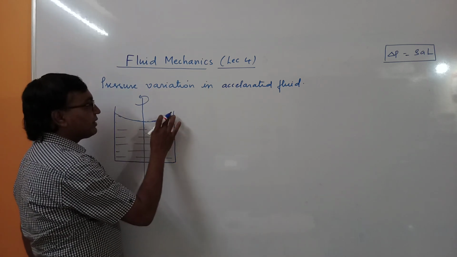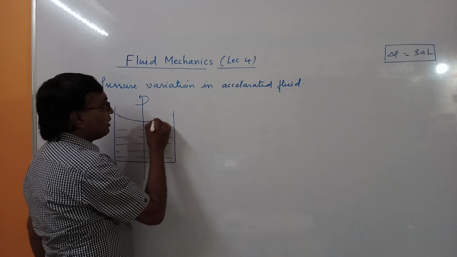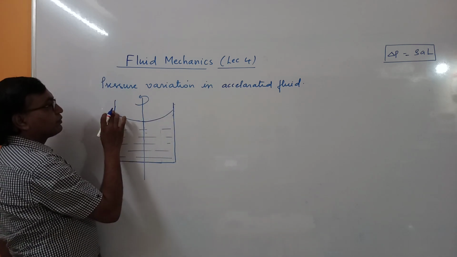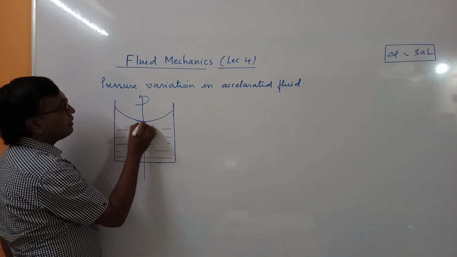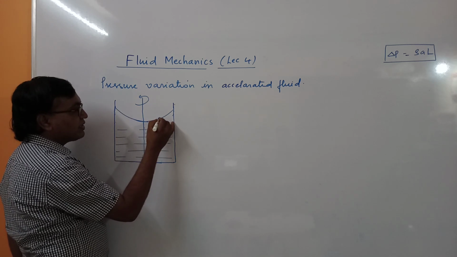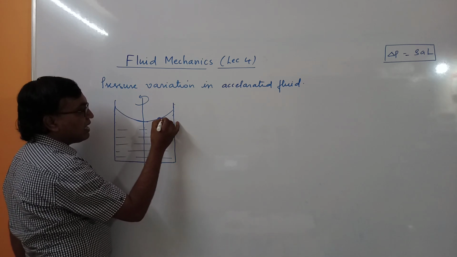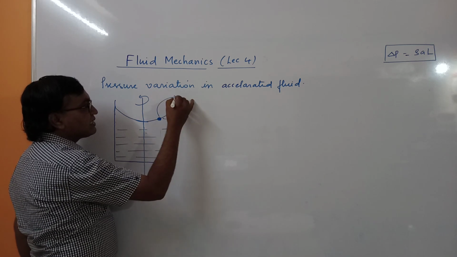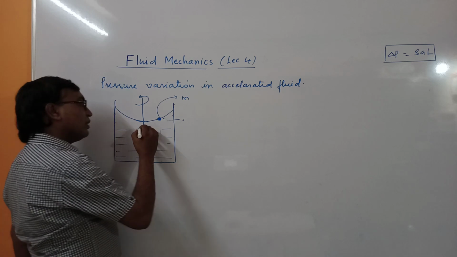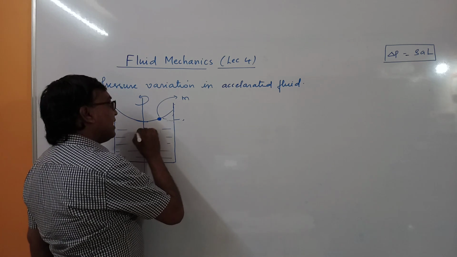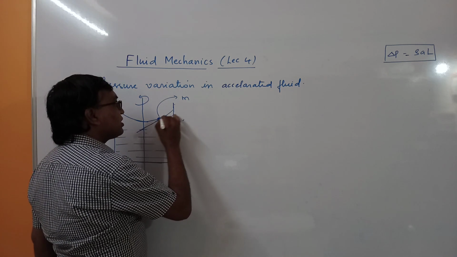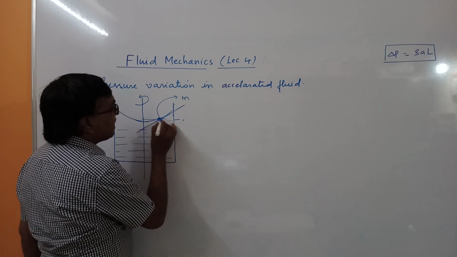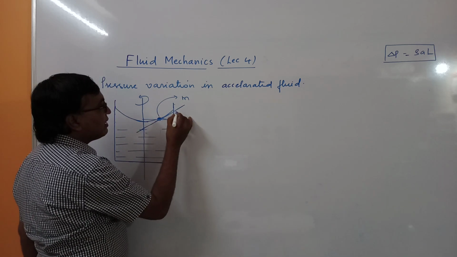Now if I take some particle on this free surface, let us say the mass of this particle is m. And if I take a tangent to this curve, let us say this tangent is making an angle theta.